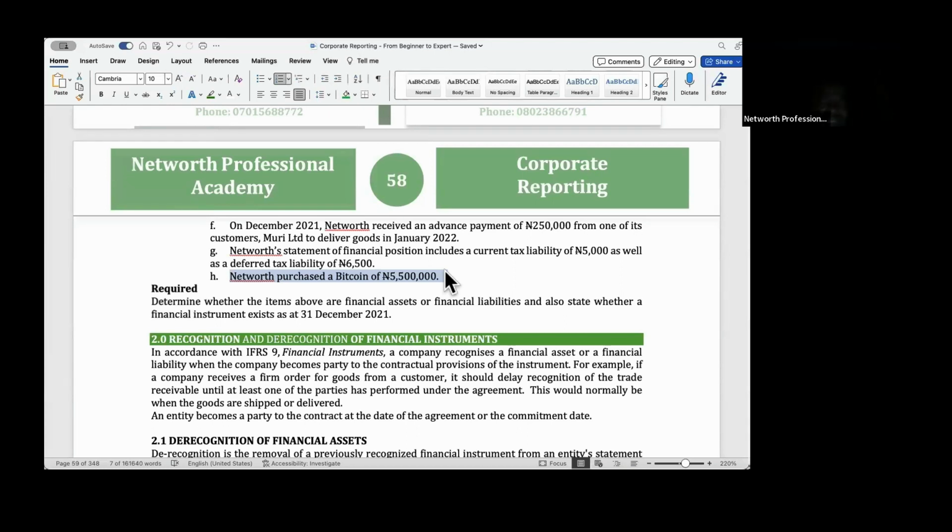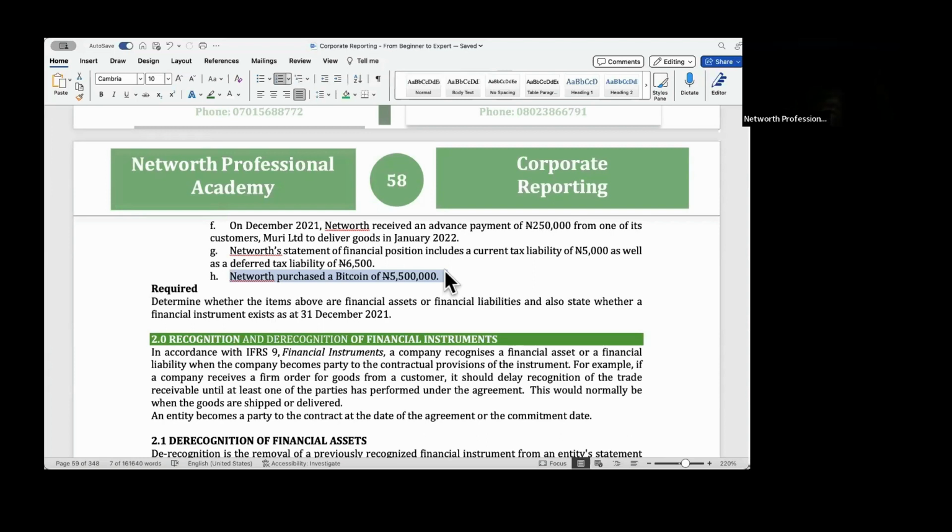Thirdly, can it also be an inventory? Yes, Bitcoin can be an inventory if you bought it with the intention of selling. I mean, you want to resell it, it is your inventory. That's what you deal in as an entity.